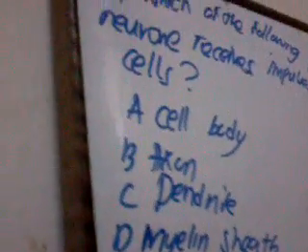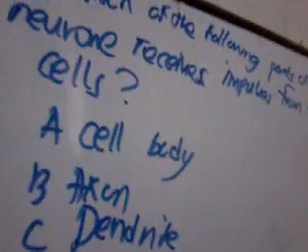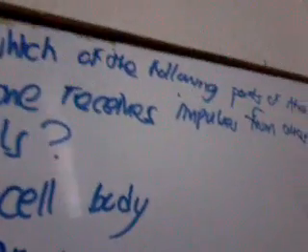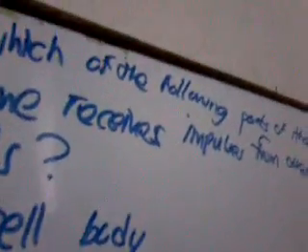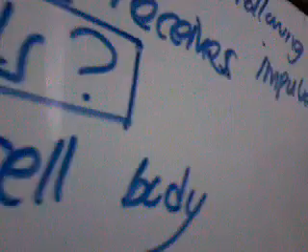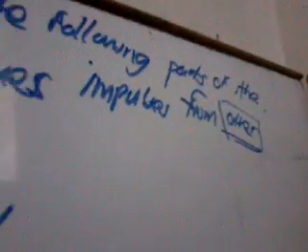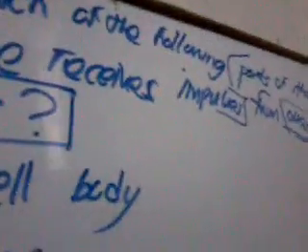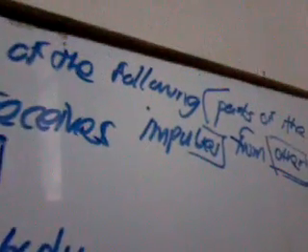So what is the answer? Before you answer, you need to underline the keywords. They're asking which part of the neuron receives impulse from other cells. The main keyword is other cells, and another keyword is part of the neuron receives impulse.